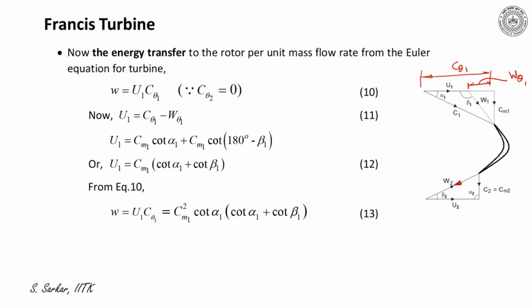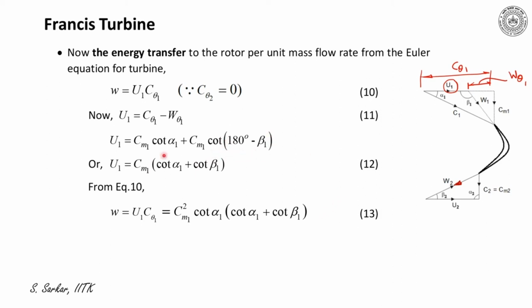So U1 would be equal to C theta 1 minus W theta 1 from the inlet velocity triangle. Again, U1 would be equal to, putting the values of C theta 1 and W theta 1, Cm1 cot alpha 1 plus Cm1 into cot of (180 degree minus beta 1).